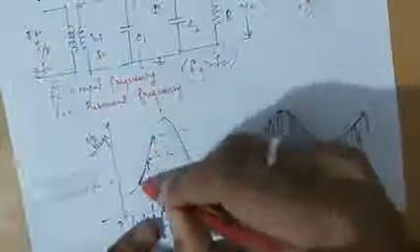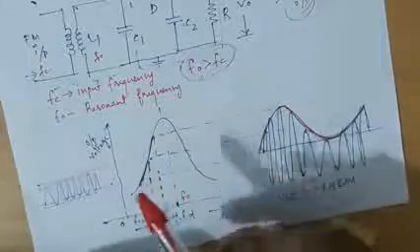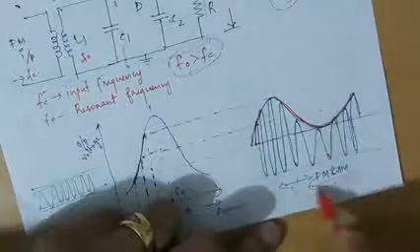Here we can see that the slope of this response curve corresponds to the change in voltage level. The frequency selective network gives a mixture of FM and AM wave, whose voltage variation corresponds to the slope of that response curve. That is why we call the circuit a slope detector.